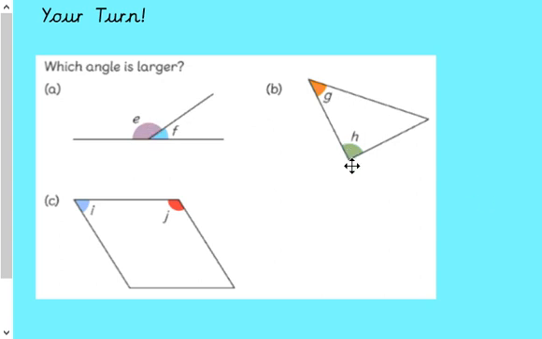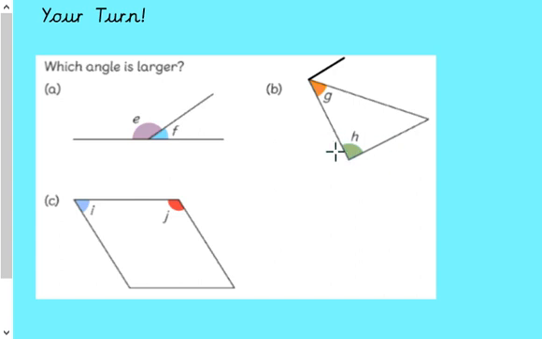Perhaps not quite so easy this time, but again, if I wanted to, I could draw my 90-degree angle, or you could put your page corner up against it, and I'd think, well, actually, this angle is much smaller than this angle.